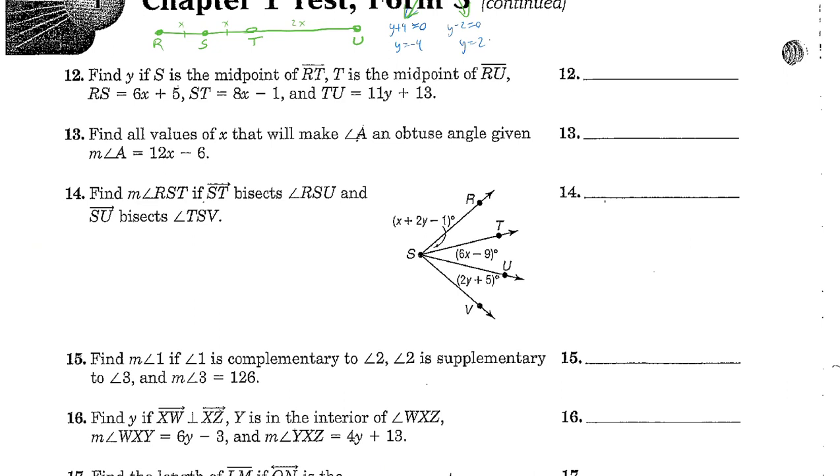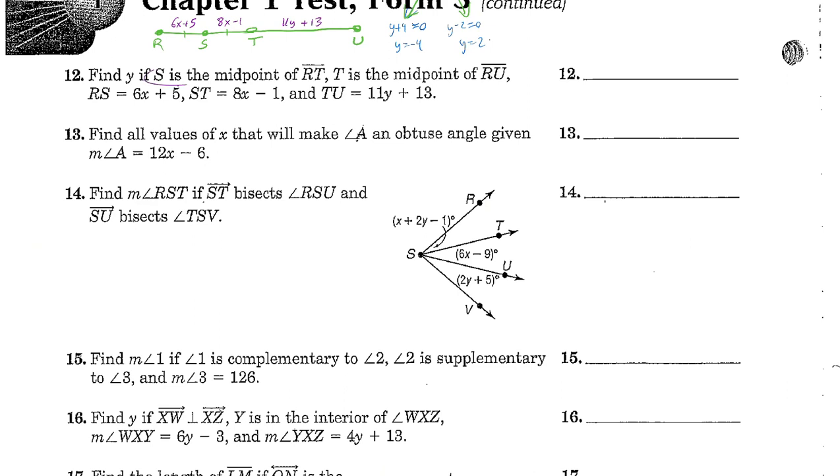All right, so anyways, I'm going to use a different color here to write this, and I'll erase what I wrote. So RS is 6x plus 5. ST is 8x minus 1. And TU is 11y plus 13.